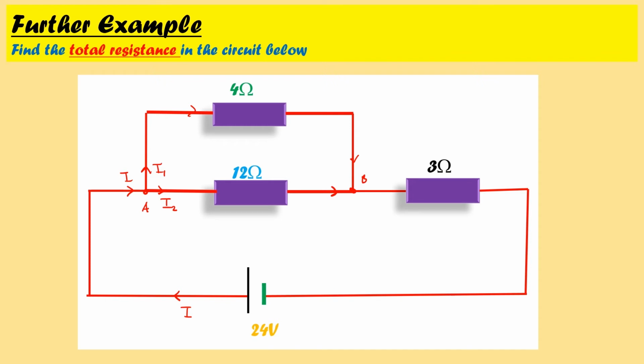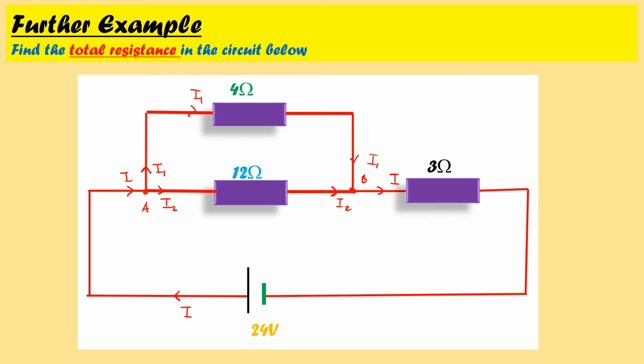Then it becomes I again. So you can see that the 4 ohm resistor and the 12 ohm resistor are in parallel, simply because the current that flows through them is different.